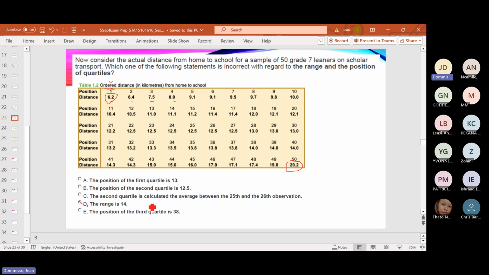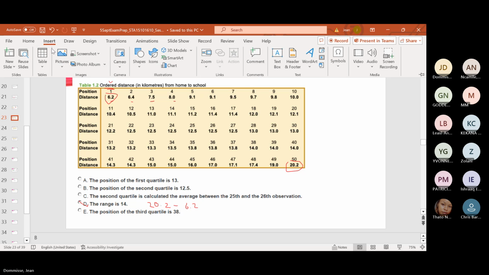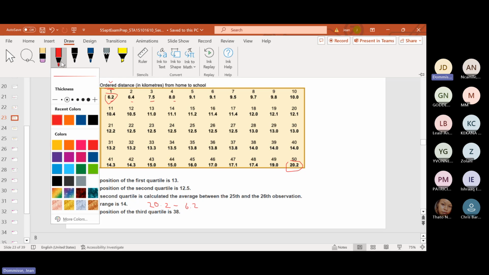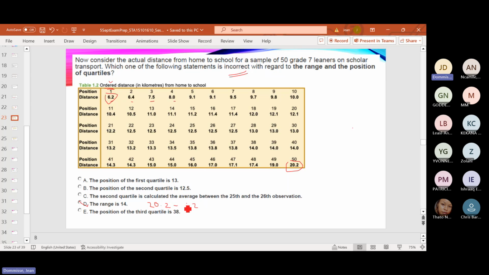Okay, so I'm actually already answering one of these questions. What did they want us to do? Again, the incorrect one. Unfortunately, that is not the incorrect one, but it shows again that biggest minus smallest gives us the range. Okay, then let's work through the questions.